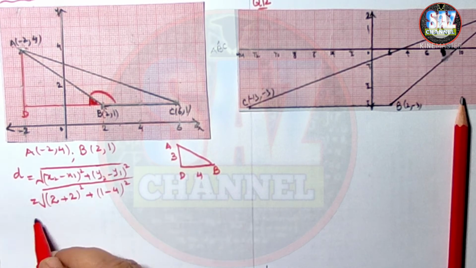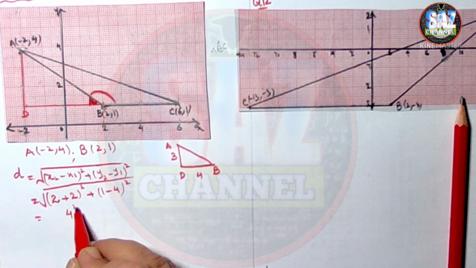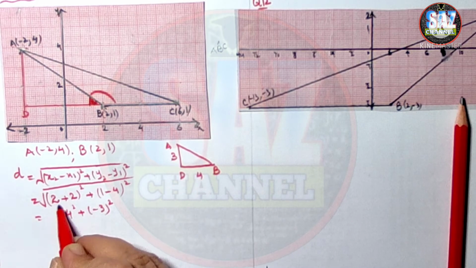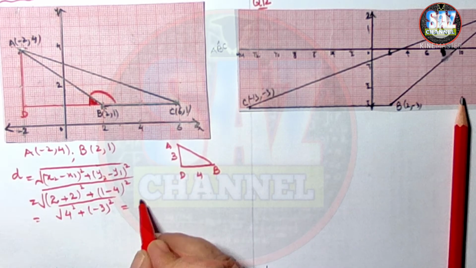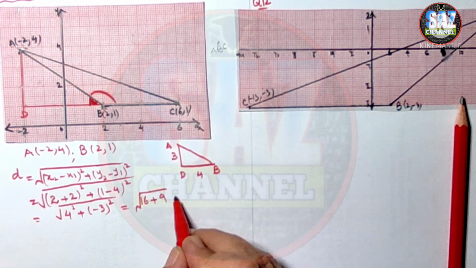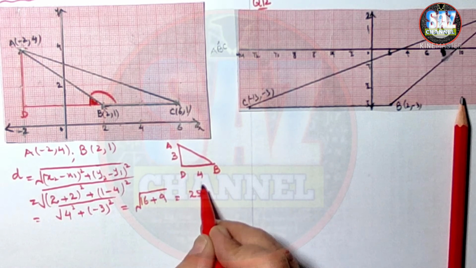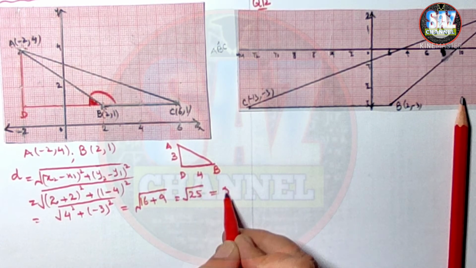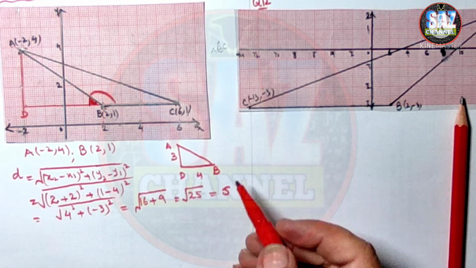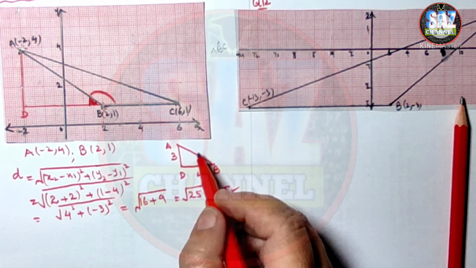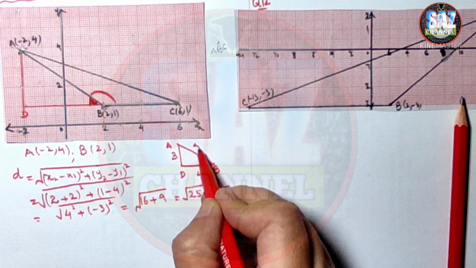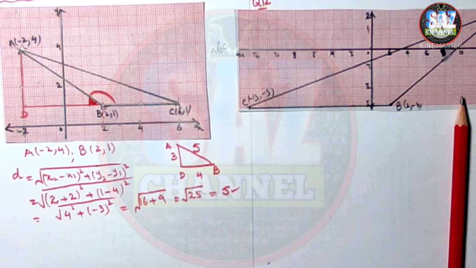This becomes 4 square plus (-3) square, which is 16 plus 9, equal to 25, and which will give me 5. We can either calculate this distance by using Pythagoras theorem, or we can apply coordinate geometry here to get the answer for hypotenuse.